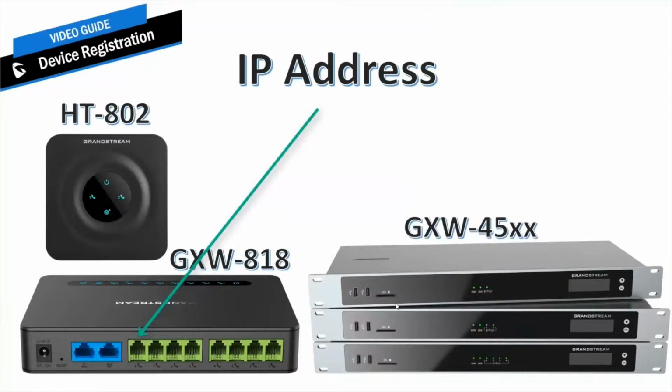From there, you can keep pressing the star or the asterisk button until the automated attendant gets you to the menu that will read you the IP address of the device.